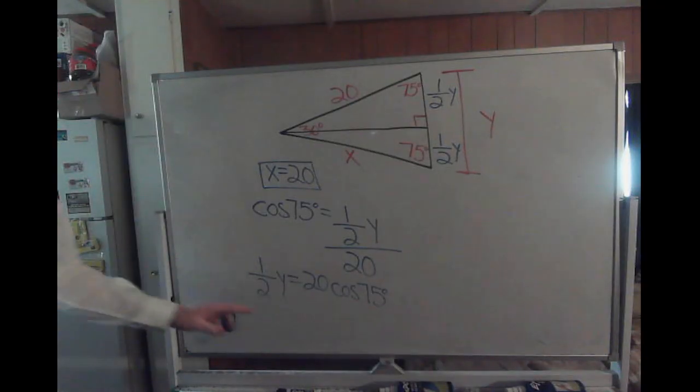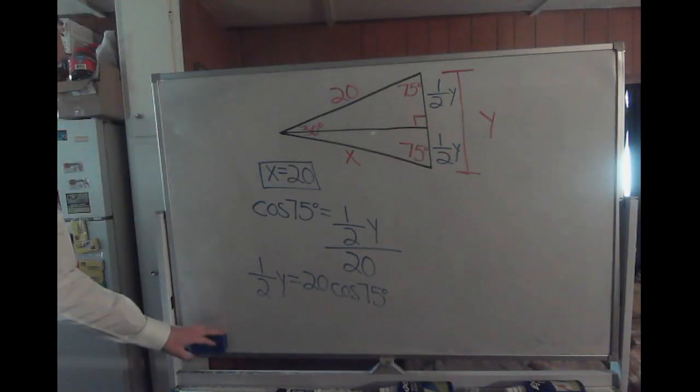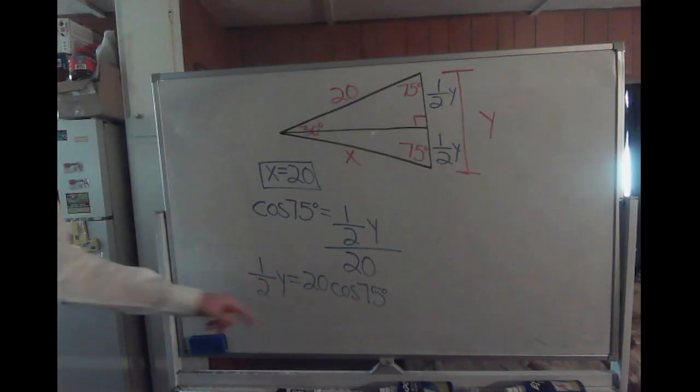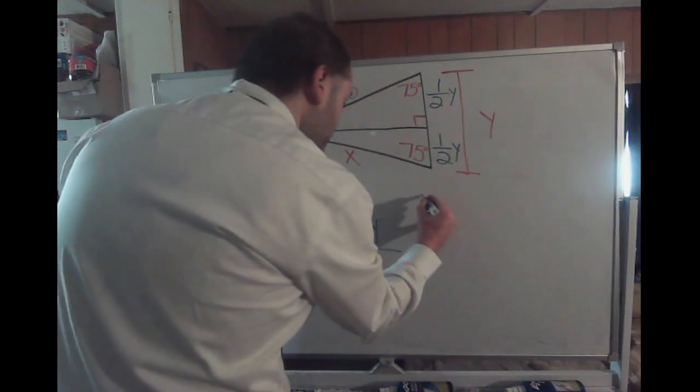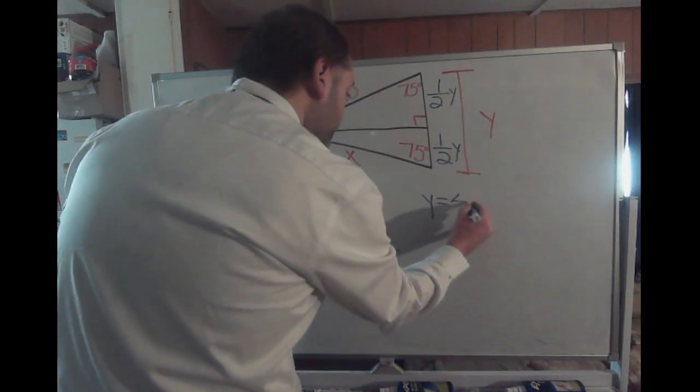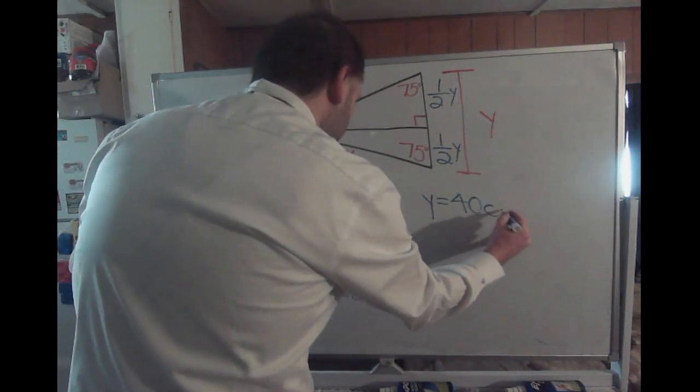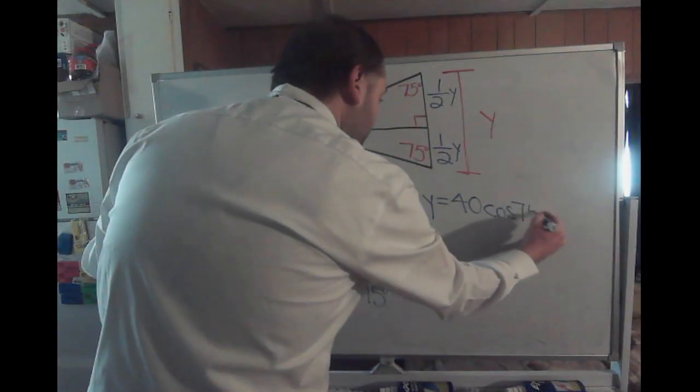If we want to just solve for Y outright, you need to multiply both sides by 2. You would get that Y is equal to 40 times the cosine of 75 degrees.